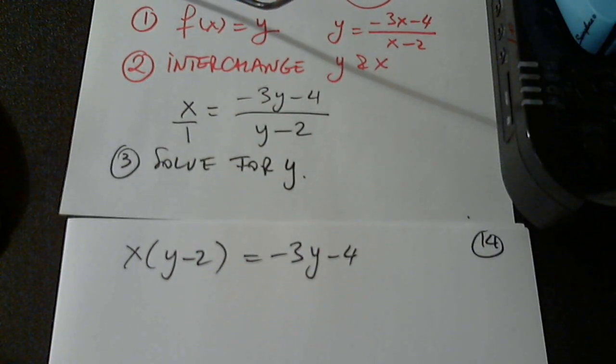So I have y(y - 2) equals -3y - 4. Next step, I'm solving for y. Next step would be, anyone, please? We're solving for y. What would be the next step?